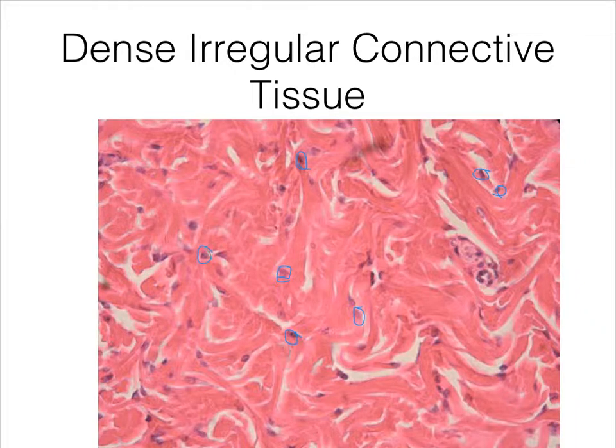So you can see that there aren't actually a whole lot of cells here. These nuclei are going to be much less flat than we saw in dense regular connective tissue because the fibers are going every which way, so you don't have to flatten out to fit in between the tightly packed fibers.